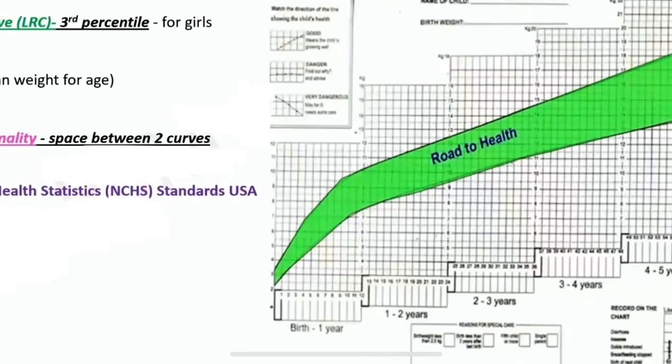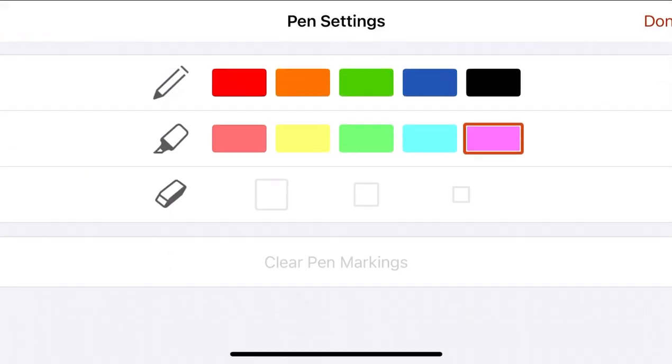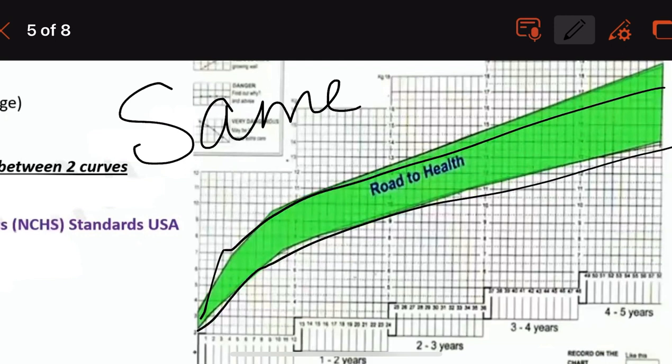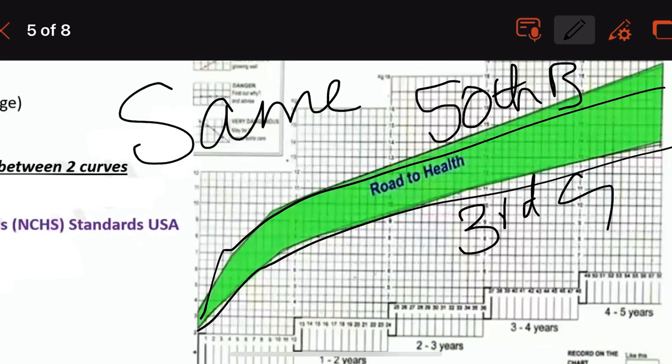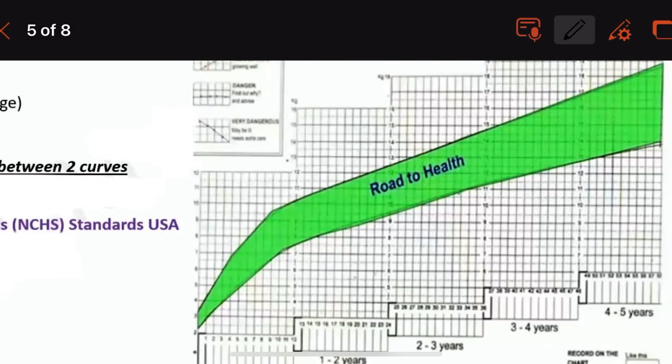So again guys, let us revise this World Health Organization growth chart. The World Health Organization growth chart is the same for both boys and girls. It has two reference curves, the upper reference curve which is the 50th percentile for the boys, and the lower curve, that is the third percentile, for the girls. The space between these two curves shows the normal growth.